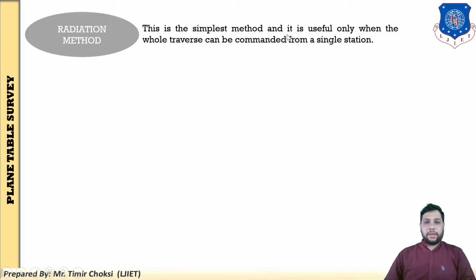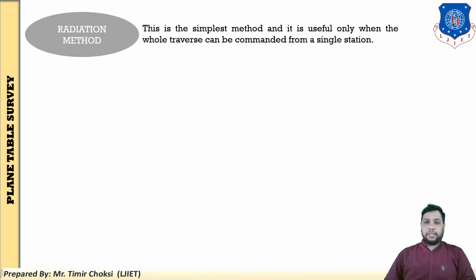This is the simplest method, and it is used only when the whole traverse can be commanded from a single station. Only one station is there, but the objects are different. When you plot different objects from one station, this method is used. It is called the radiation method. Here you plot the traverse on a drawing sheet, commanding from the single station.